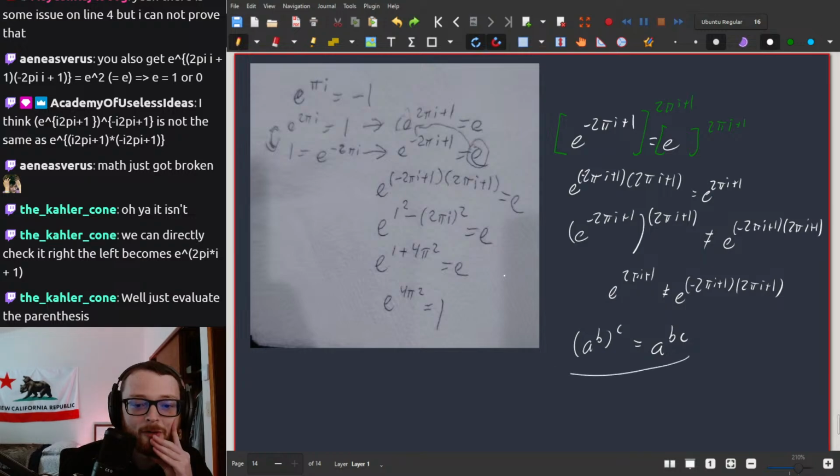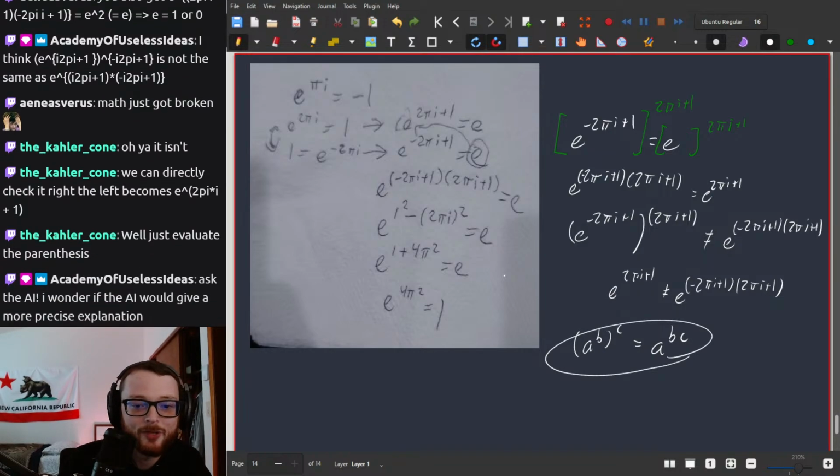I know the property does have some weirdness that I was trying to remember, but I think it was with fractional exponents or something. Ask the AI. It could be interesting to see what ChatGPT says.